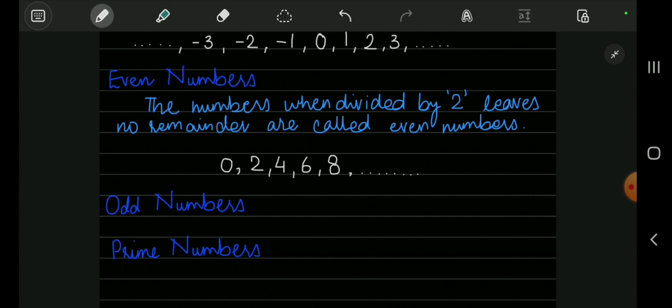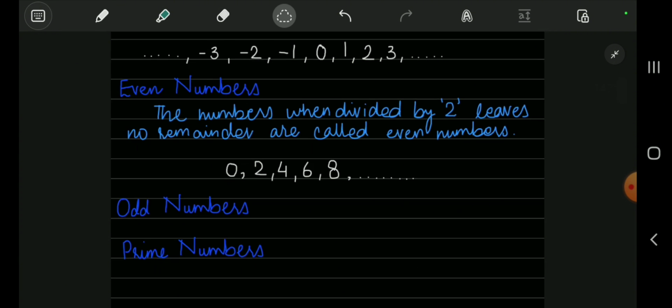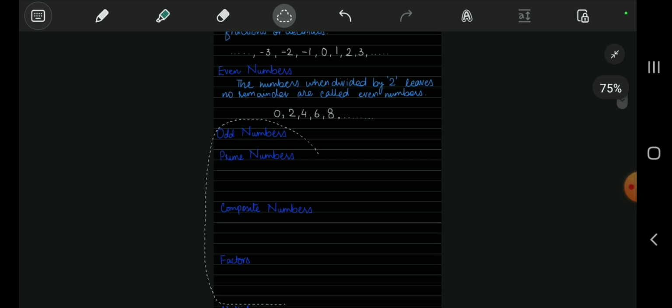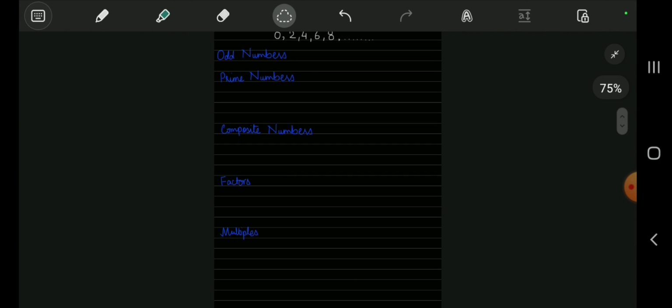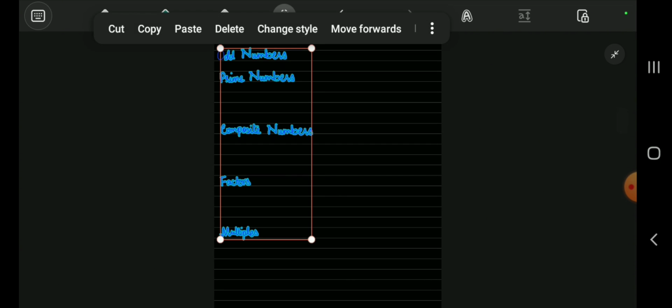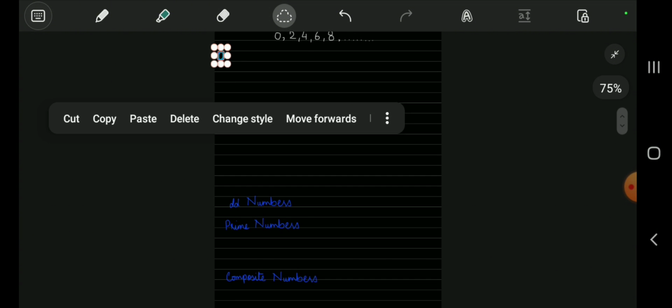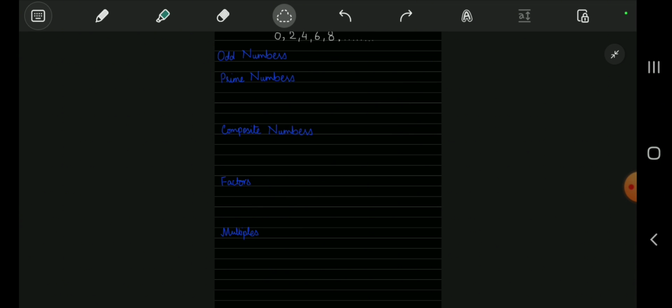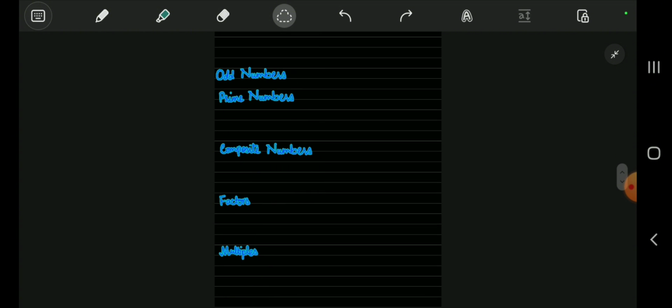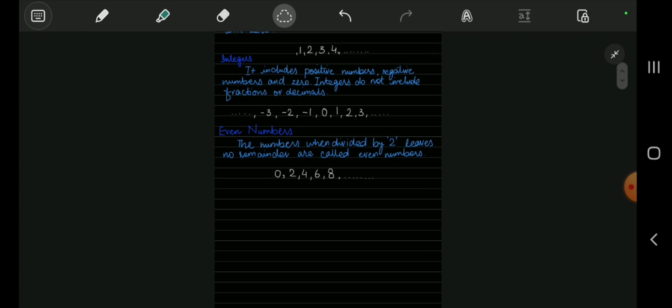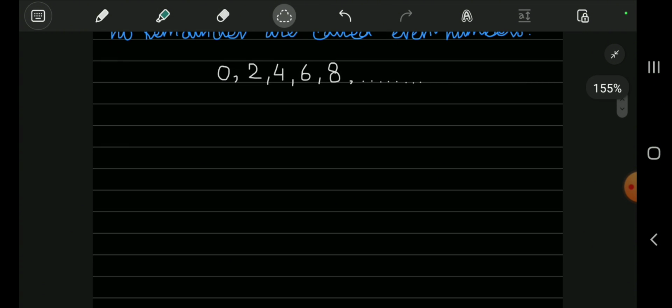Let me explain that. Any number ending with 0, 2, 4, 6 or 8 will be an even number.